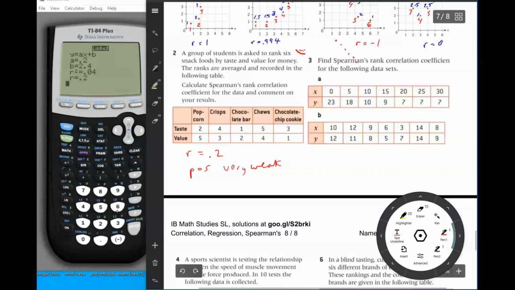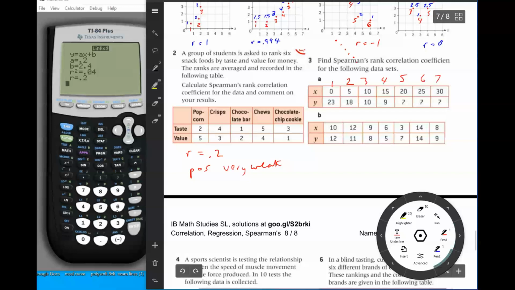Find the Spearman's rank correlation coefficient for the following data sets. So first thing I need to do here, since these aren't ranks, these are actual data, we need to order the data according to smaller to larger, or larger to smaller.